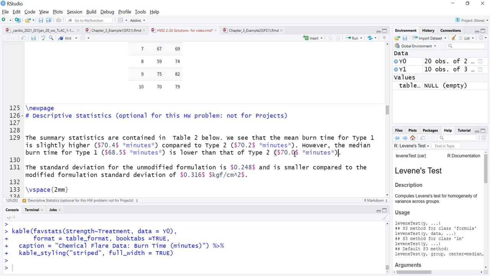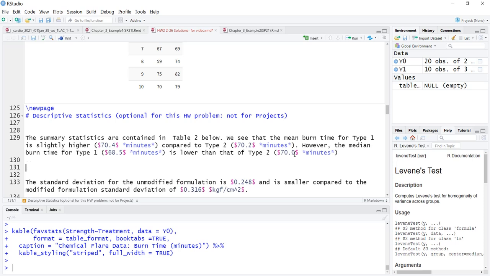Okay. All right. The standard deviation, oh yeah.